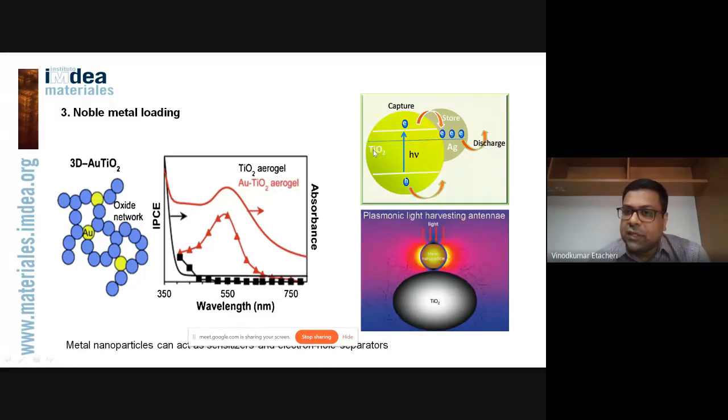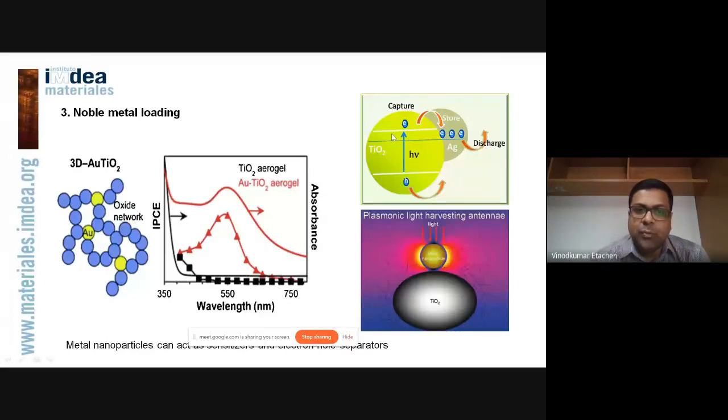In TiO2, the holes are formed at the valence band and electrons at the conduction band, so there is a competing reaction of recombination. To avoid recombination, we can modify with silver. In silver modified TiO2, the electrons are immediately transferred into silver, and the reduction process happens on the silver surface, while the holes are free on TiO2. So this kind of noble metal loading reduces the electron hole recombination. This is one mechanism.